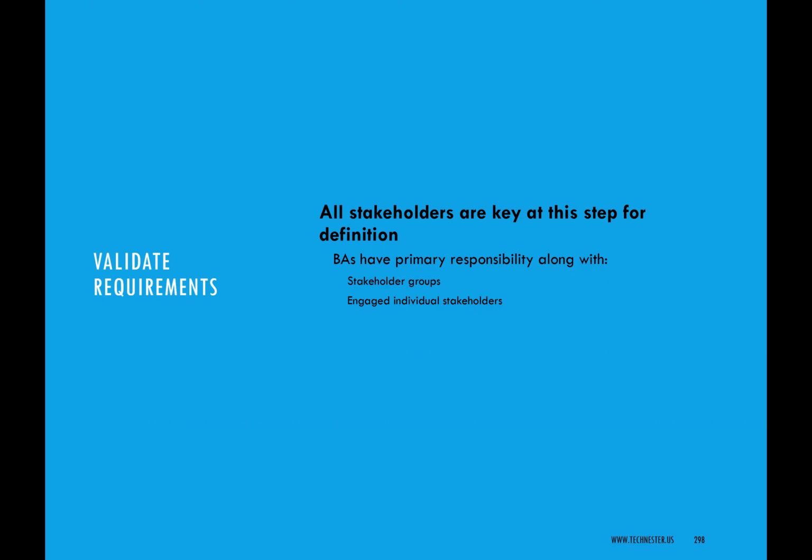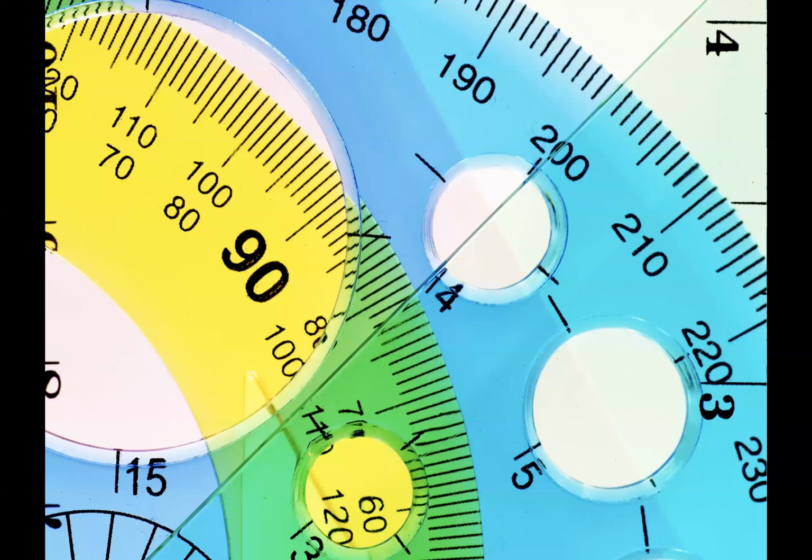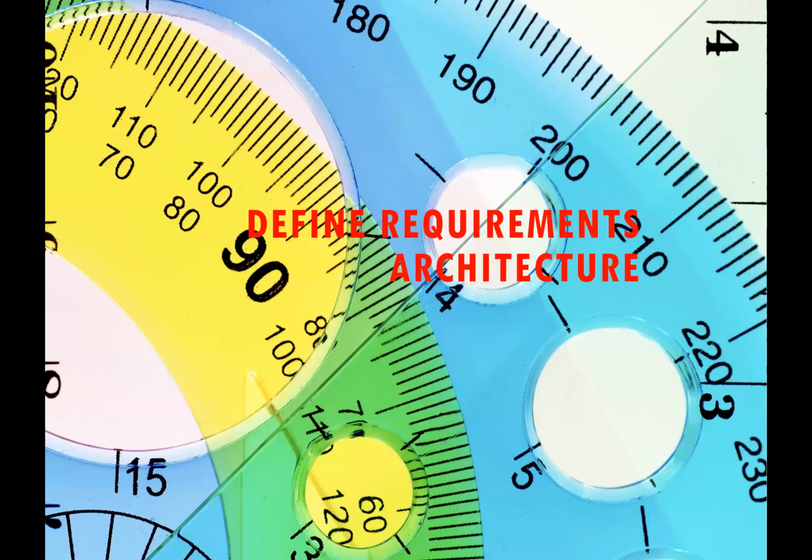Now, after you have validated your requirements, the next step will be to put all these validated requirements together. So these requirements have been verified and they have been validated. You now put all of them together, piece them together to make a whole. And that's what we call your requirements architecture.